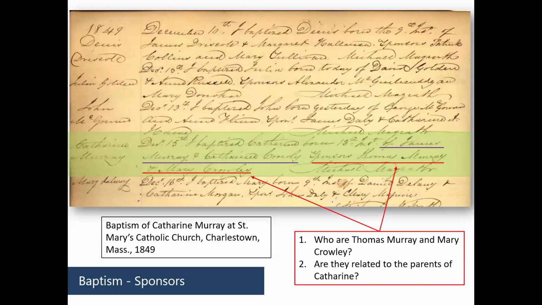Her parents are James Murray and Catherine Crowley. The sponsors are Thomas Murray and Mary Crowley. My first question should now be, are these sponsors related to Catherine's parents? And if so, do they maybe have better paper than James and Catherine do, who we are struggling to take back to Ireland?